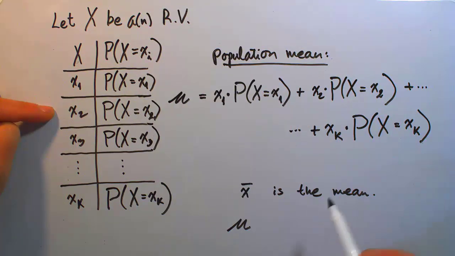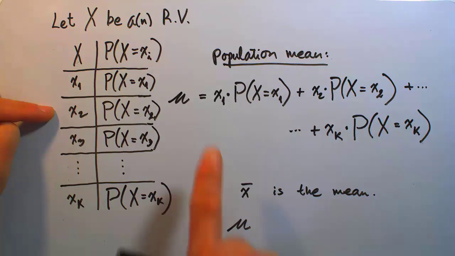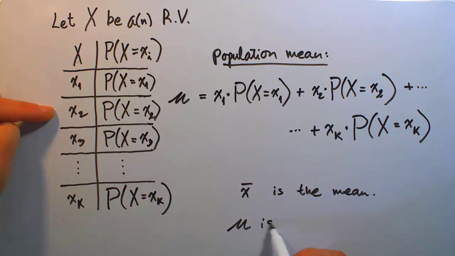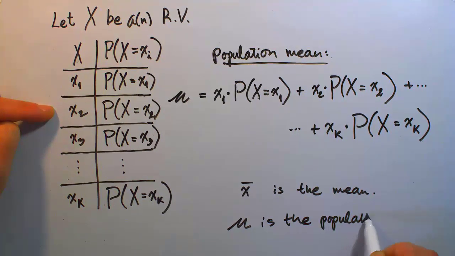I will come back to explain the difference between X bar and mu. But for now, anytime we are calculating population mean, we must use the mu symbol. So mu here is the symbol for population mean value.